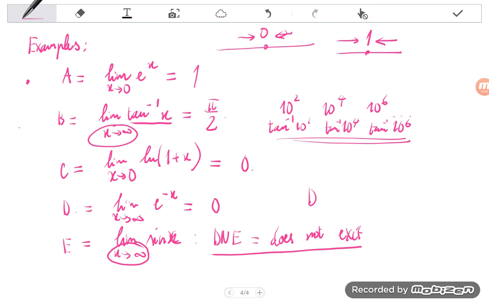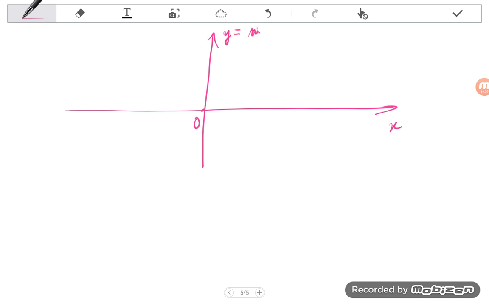Okay, you see right here, you can see the graph of the function psi x, with axes x and y, where y is psi x. You can see this is the graph of psi x.